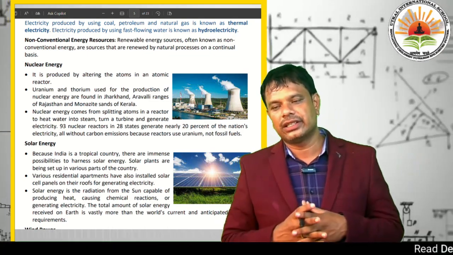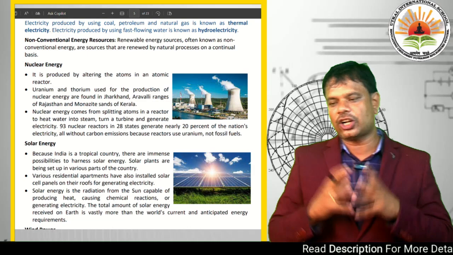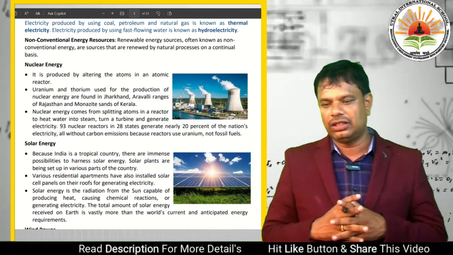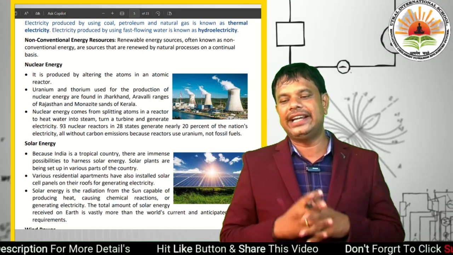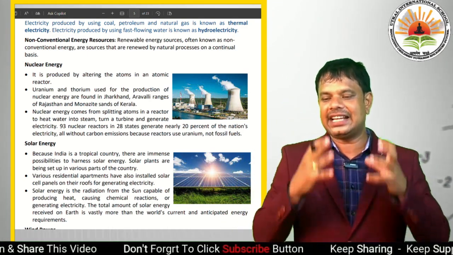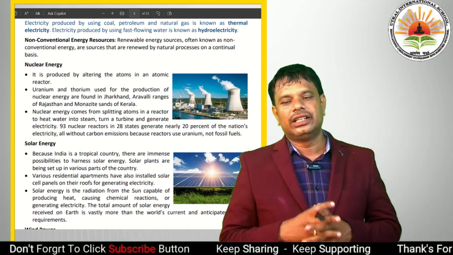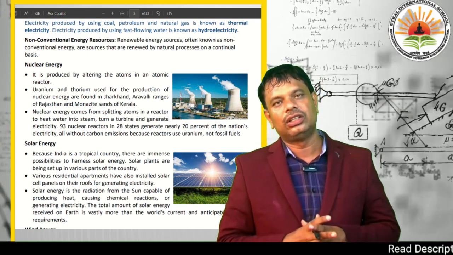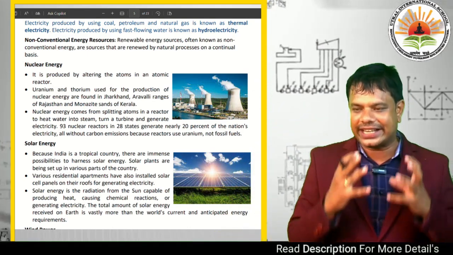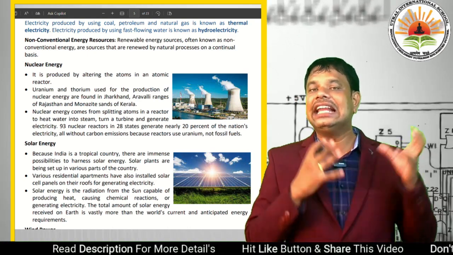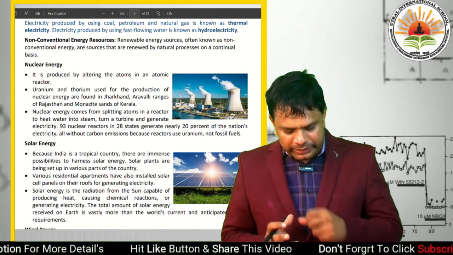Dear students, nuclear energy comes from splitting atoms in a reactor to heat water into steam, turn a turbine and generate electricity.